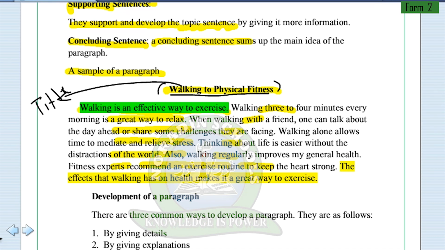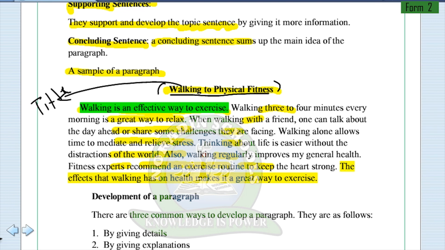Walking alone allows time to meditate and relieve stress. That means it relieves stress or hardship. Thinking about life is easier without distractions of the world. Also, another piece of information: walking regularly improves my general health.